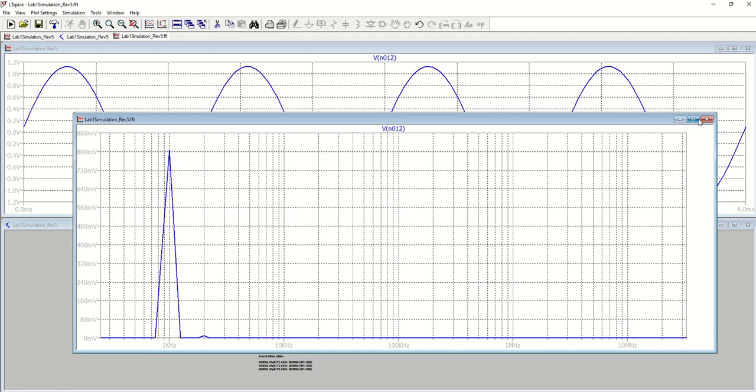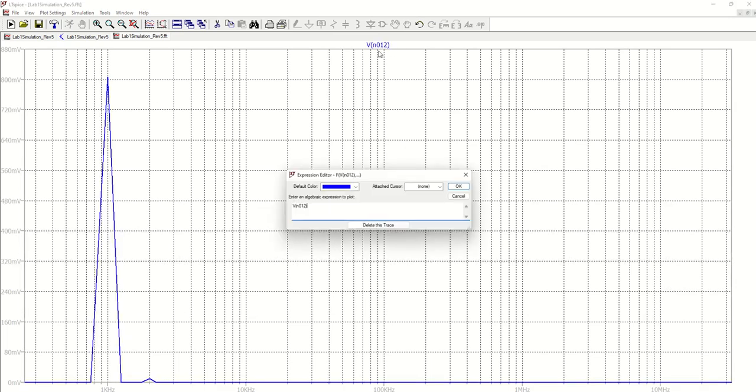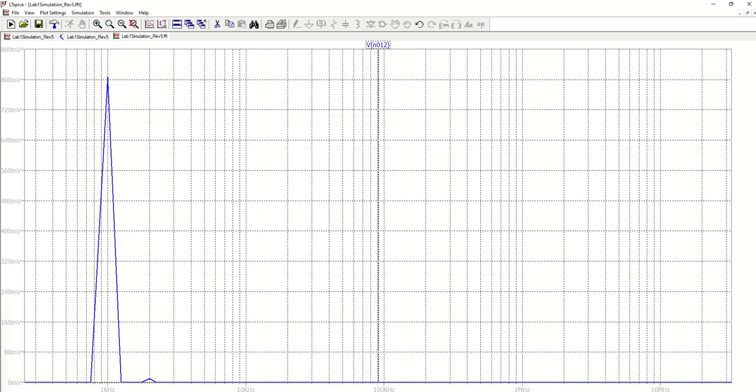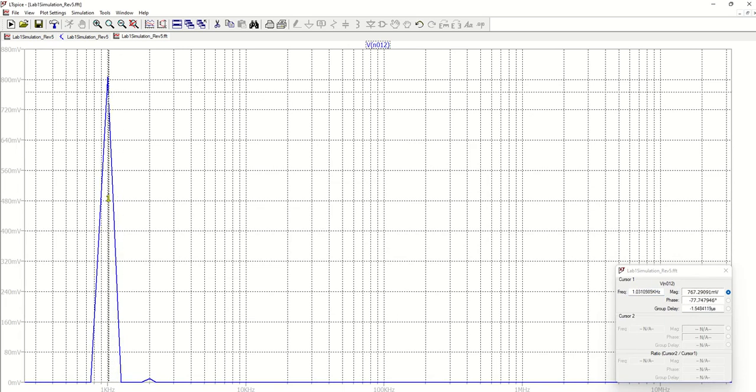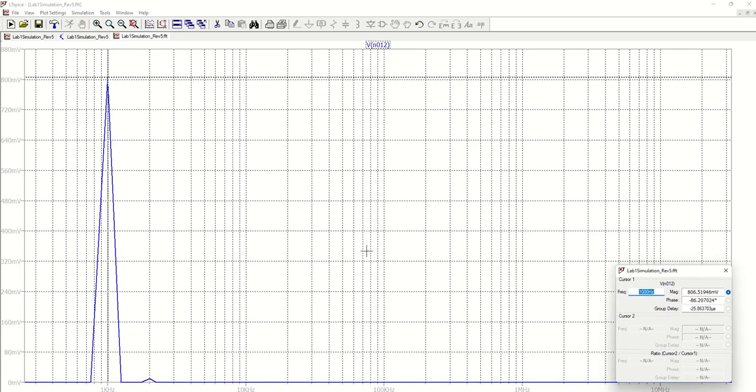So let's measure that. You want to get the cursor close and then just use your key on the keypad to make it right at 1K.